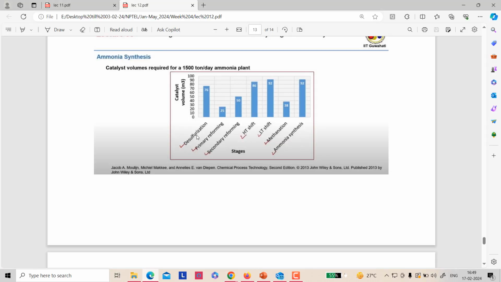So here you can see the most amount of catalyst is required for ammonia synthesis and low temperature water gas shift reaction. Okay, that is 92 meter cube. Then comes high temperature water gas shift, 86 meter cube.